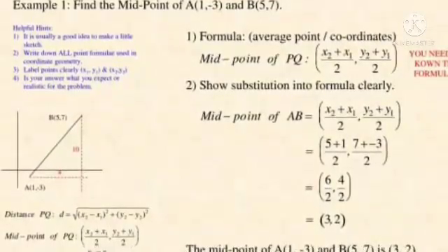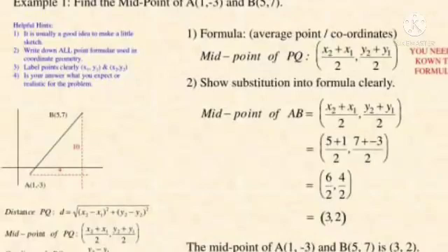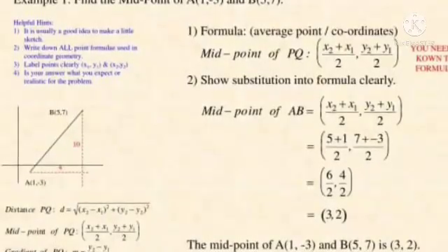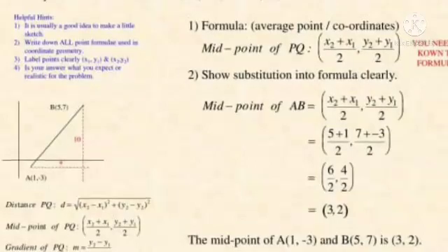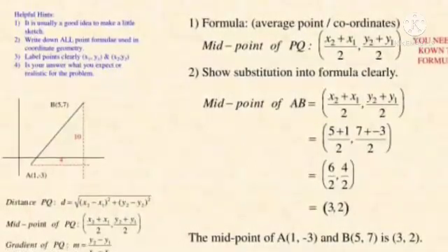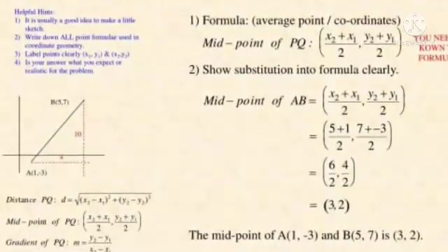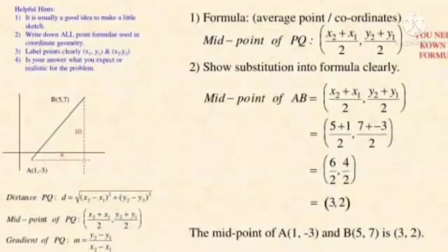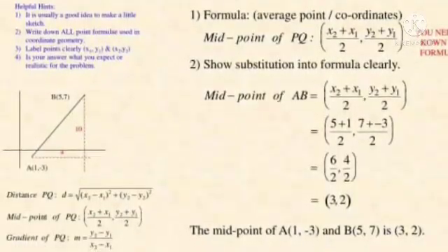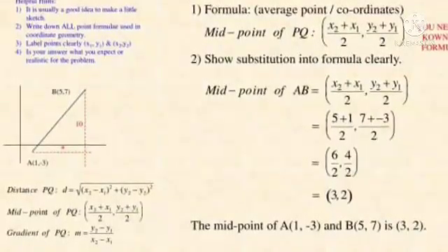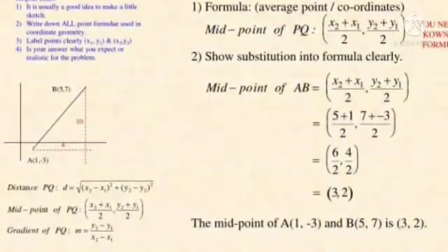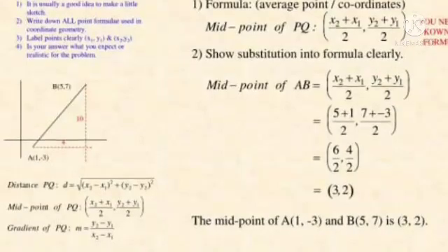Substitute the values in the formula. So we have (5 plus 1) upon 2, (7 plus of minus 3) upon 2. Then 6 upon 2, 4 upon 2, which is equal to (3, 2). The midpoint of A (1, minus 3) and B (5, 7) is (3, 2).